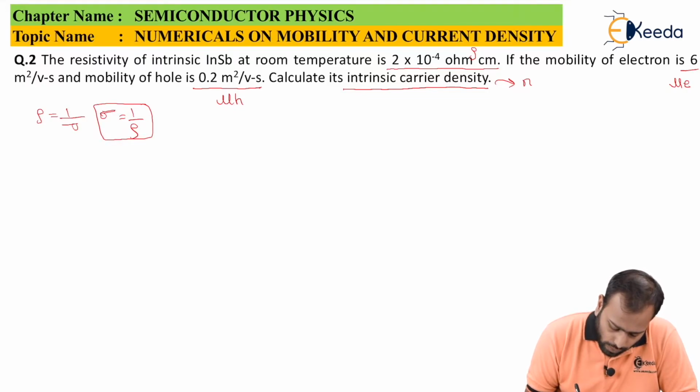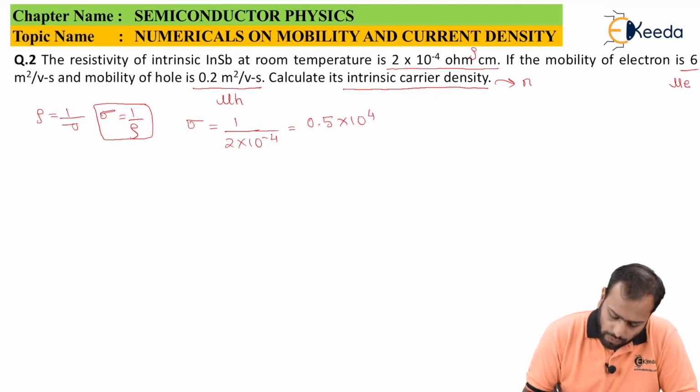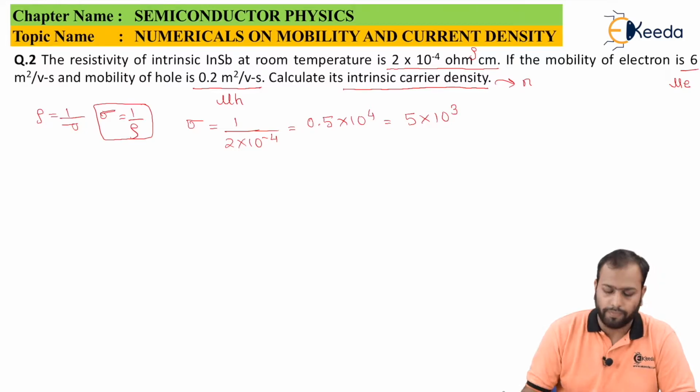So I'll get the value of conductivity as 1 upon 2 into 10 to the power minus 4. On solving, this will be 0.5 into 10 to the power 4, which means it is 5 into 10 cube.